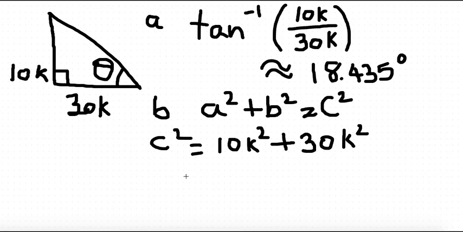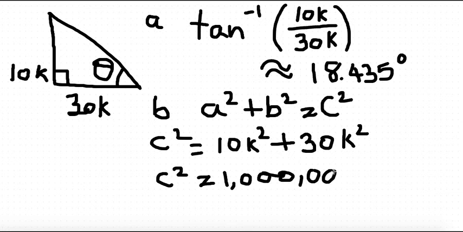Simplify that, c squared equals 1 billion. That's 1 with 9 zeros. Now, c is approximately 31,622.77 feet.